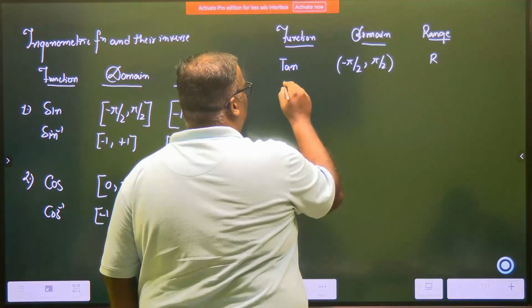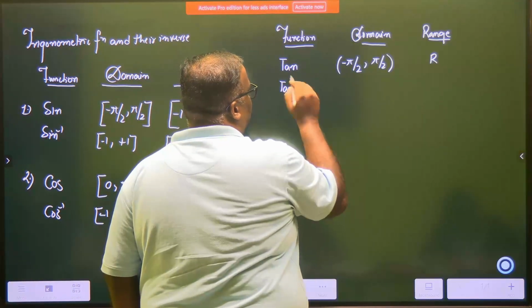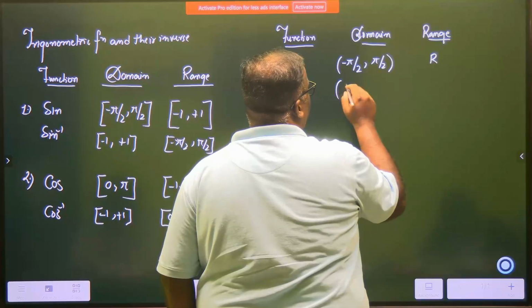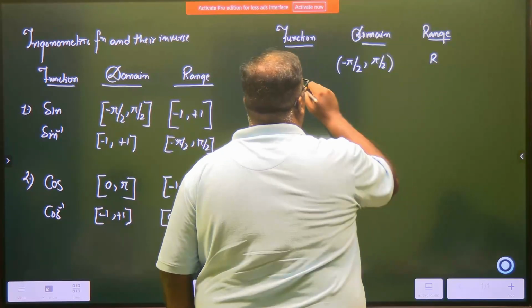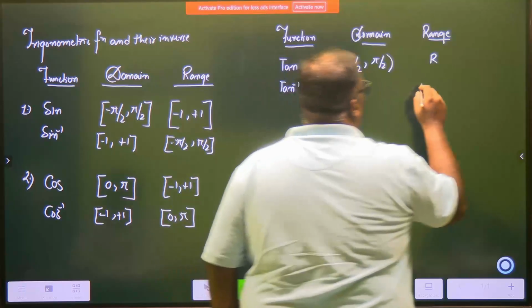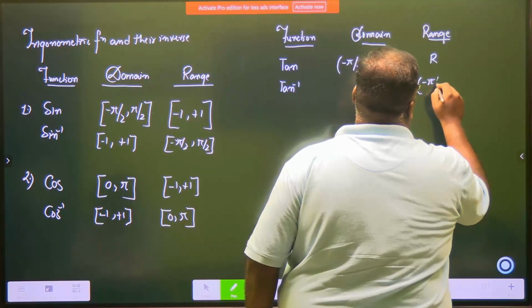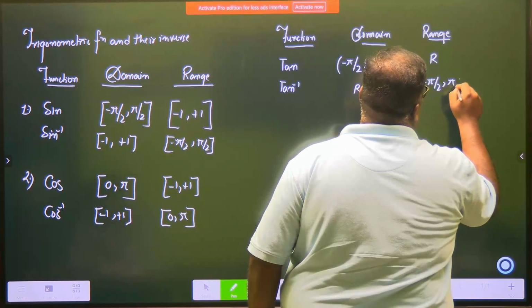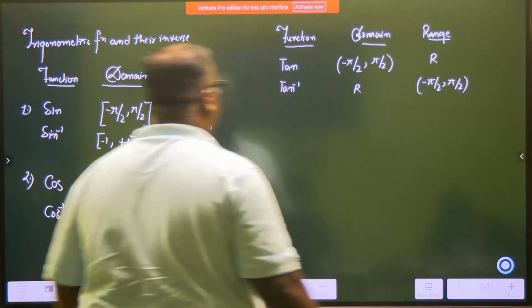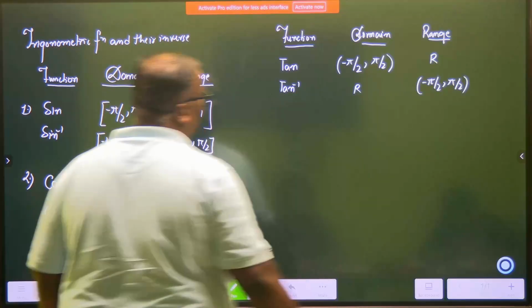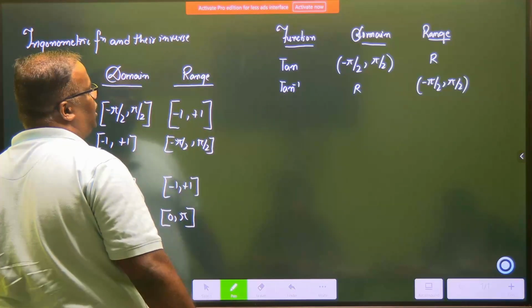Similarly, tan inverse would be from R, and it will be negative pi by 2 to pi by 2. Tan function cannot take pi by 2 and negative pi by 2, but will cross over from 0. Fine.